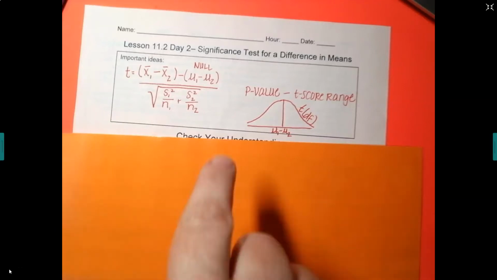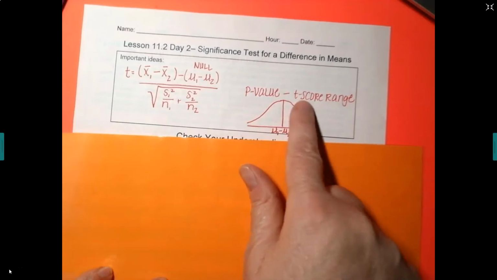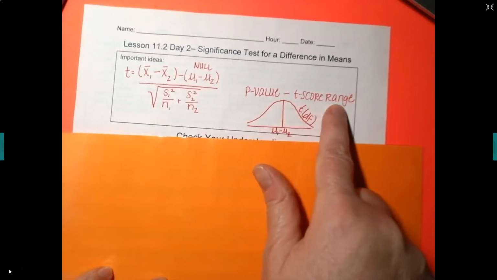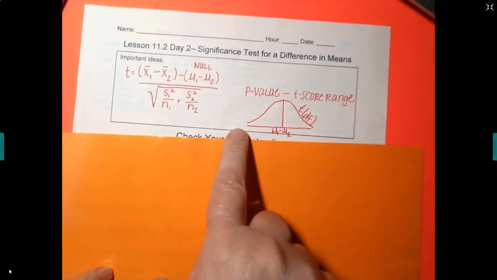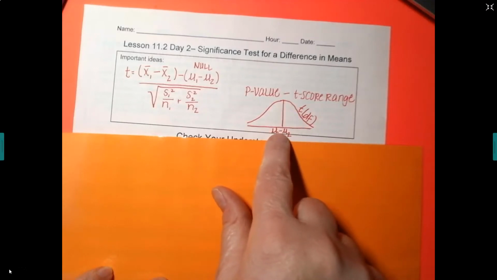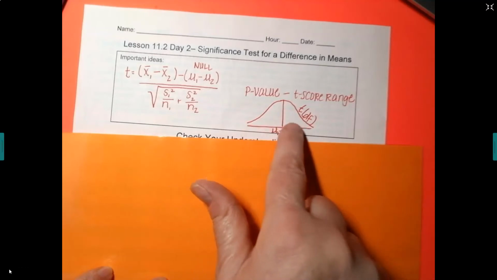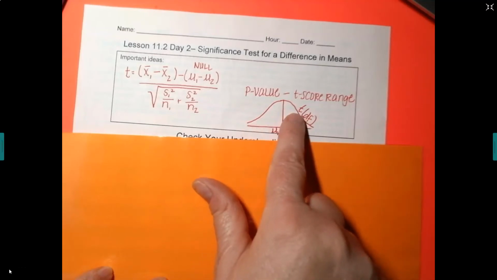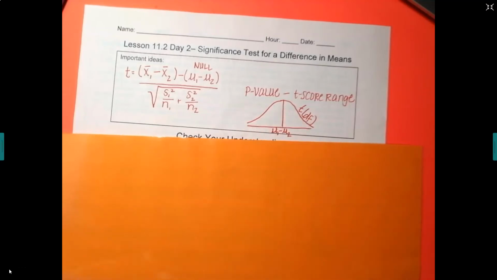And then when you find your p-value, it's a t-score. Look for your t-score range on table B. Draw your curve. Whatever your null is goes here in the middle. You'll put your score wherever it falls in here, and you label it T, degree of freedom. And that should get you going.